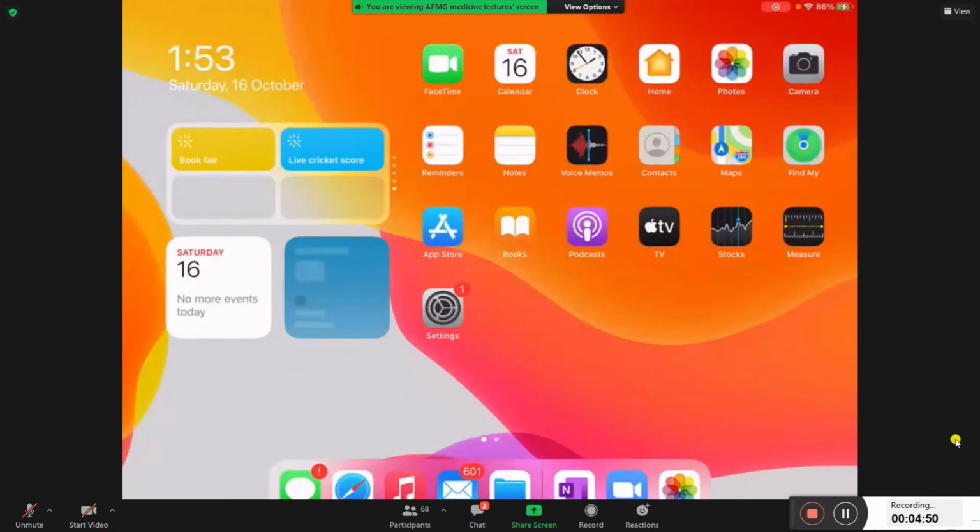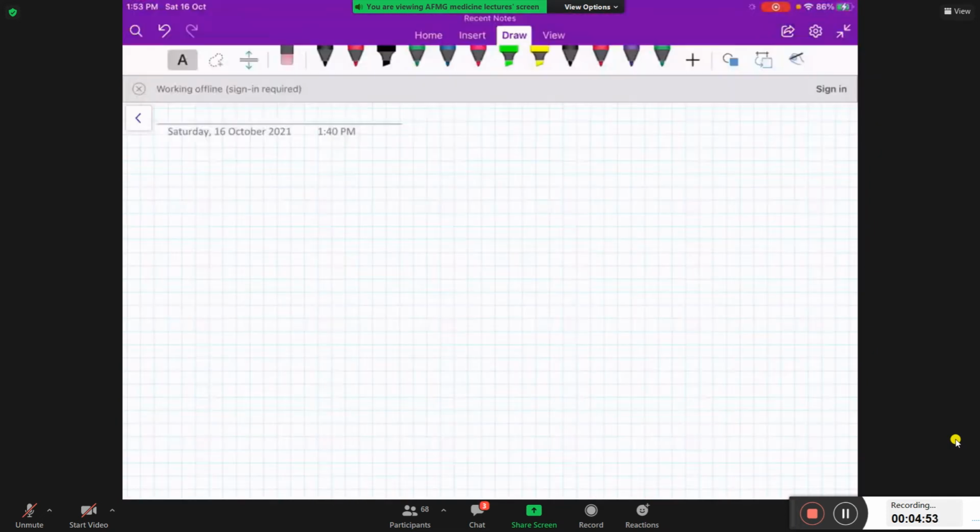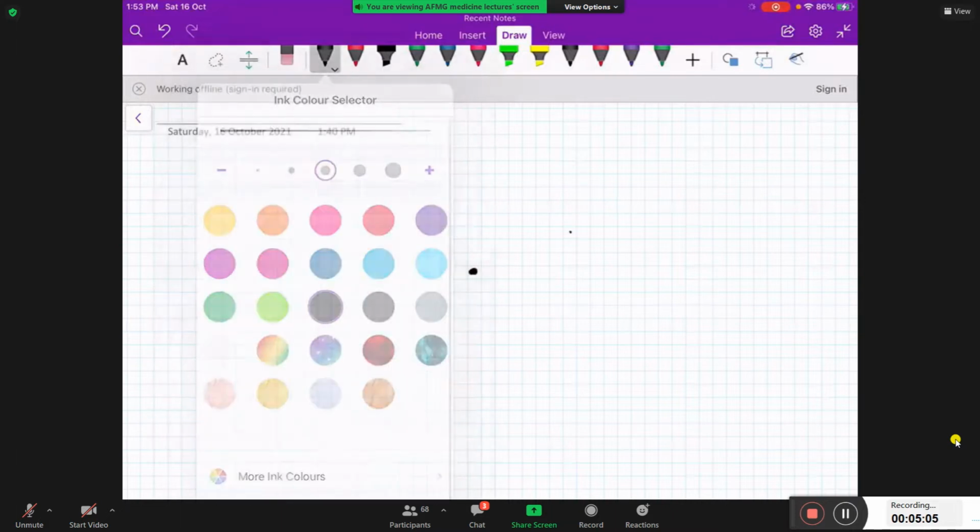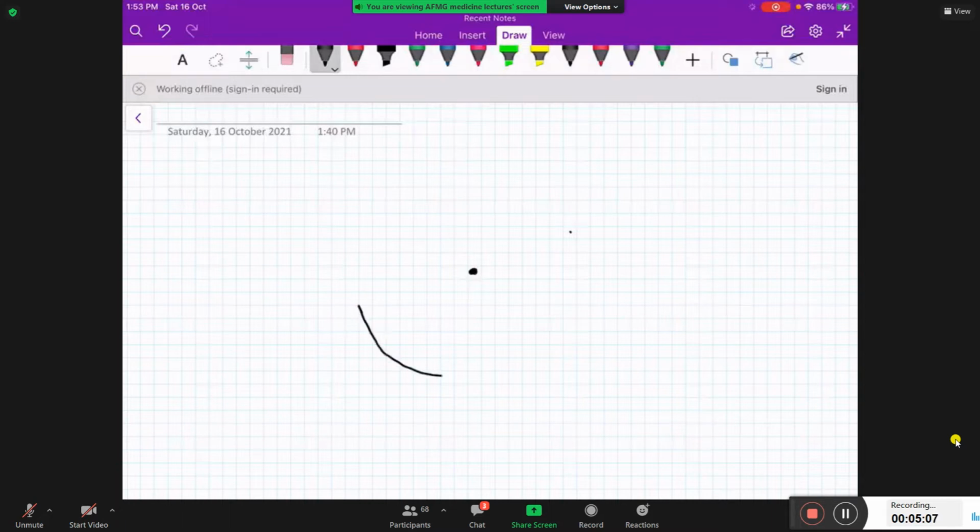Now coming on to the needles. First of all, we need to know the nomenclature in the needle. If this is the needle, earlier we used to get needles with an eye like this, and we used to put a suture in that eye.